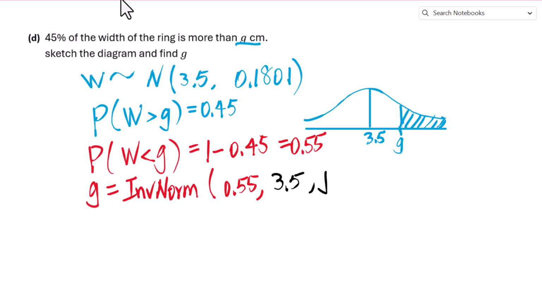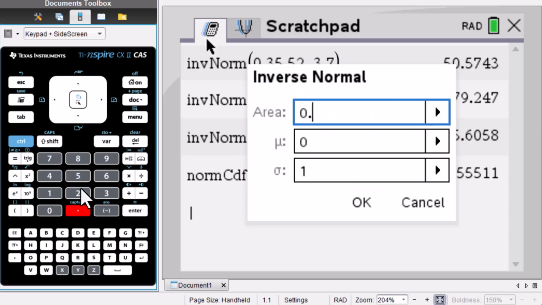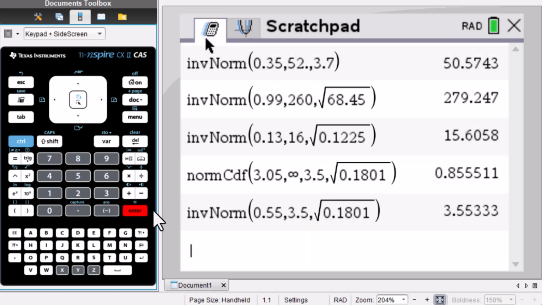Standard deviation is square root 0.1801. Let's go to calculator. Area 0.55. Mean 3.5. Standard deviation square root 0.1801. Enter. Answer is 3.55.